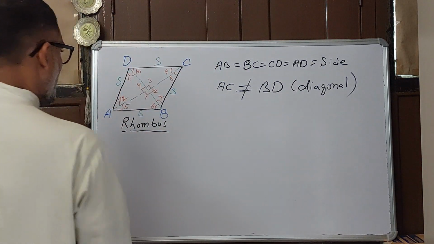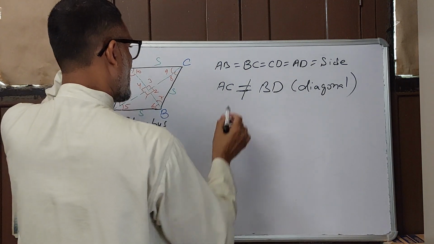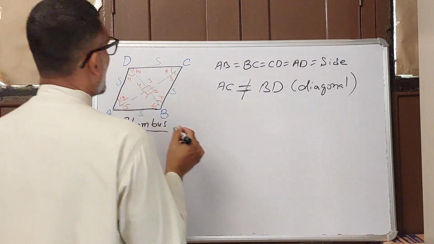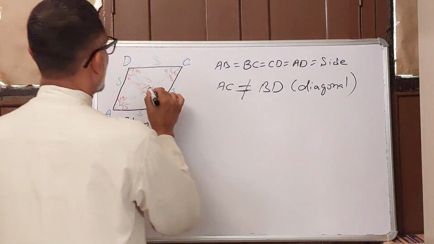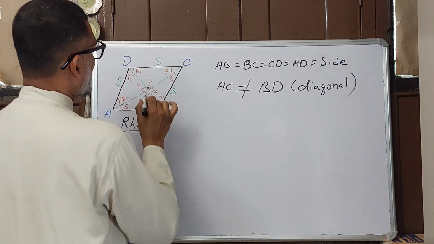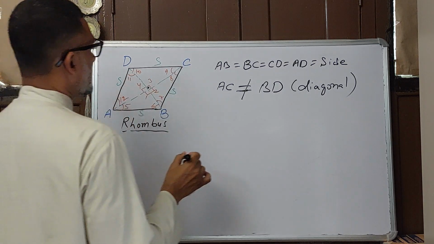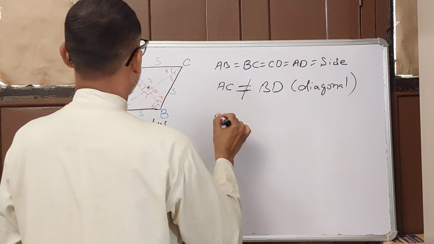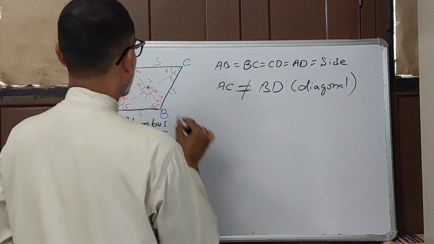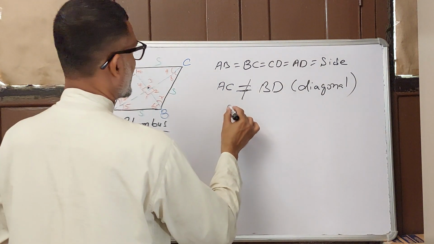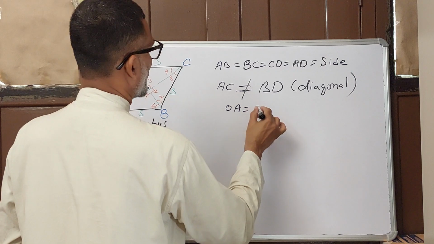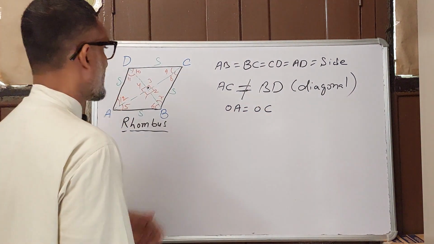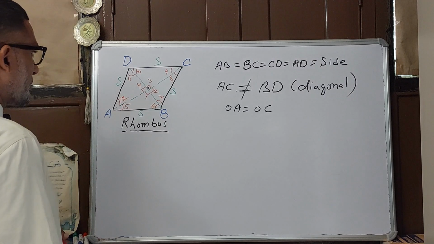Here at the center, AC is not equal to BD, but at the point O, when AC cuts BD, what will happen? It divides the diagonal AC into equal parts. This means OA is equal to OC, as it is also in a square.